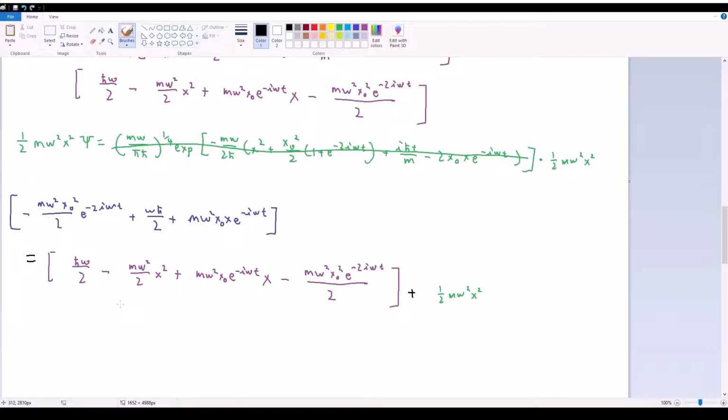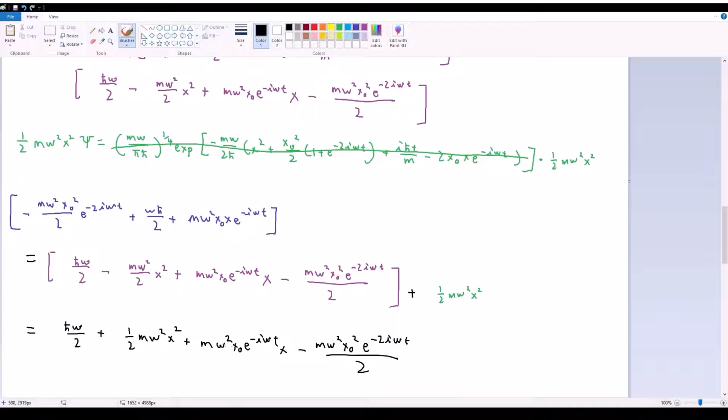So let's see. We have 1/2 m omega squared x squared, and we have a negative 1/2 m omega squared x squared. So this is actually just going to equal h bar omega over 2 plus 1/2 m omega squared x squared plus m omega squared x naught e to the negative I omega t times x minus m omega squared x naught squared e to the negative 2I omega t over half.